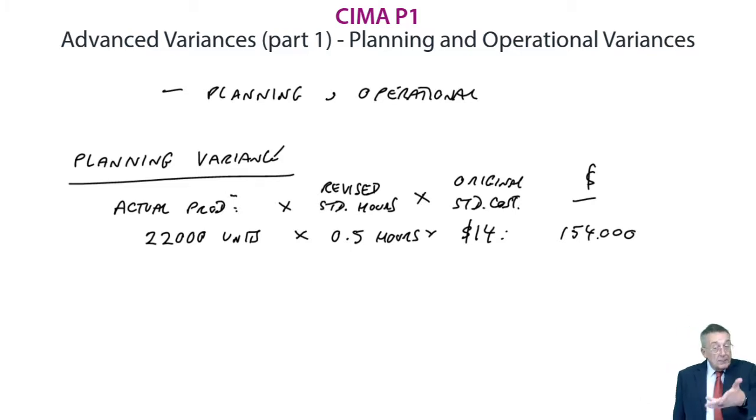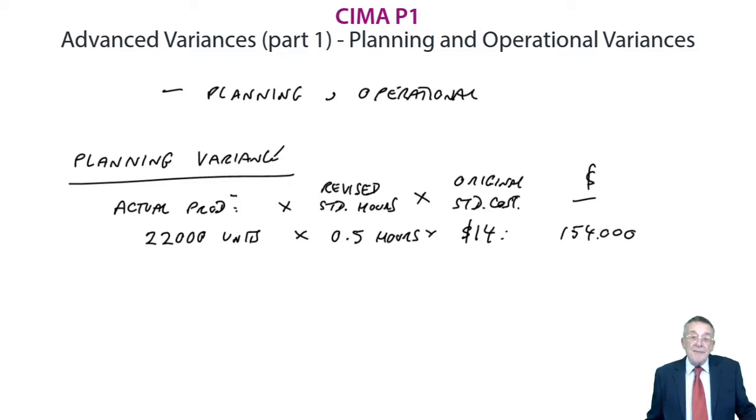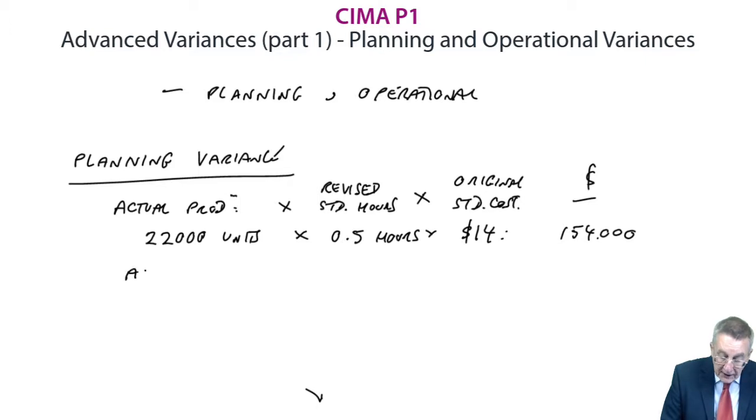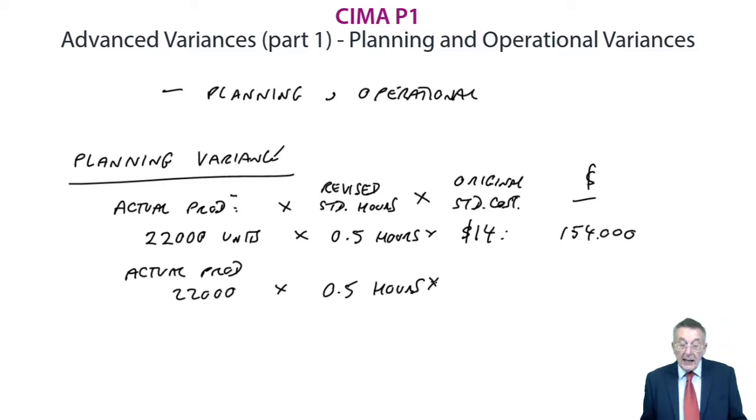However, although we originally budgeted on paying $14 an hour, yet again, the prevailing rate's now up to $17.50. So we revise our budgeted figures. Again, we take the actual production of 22,000. Standard hours hadn't changed from the original budget, so 0.5, so we're still expecting to take 11,000 hours.